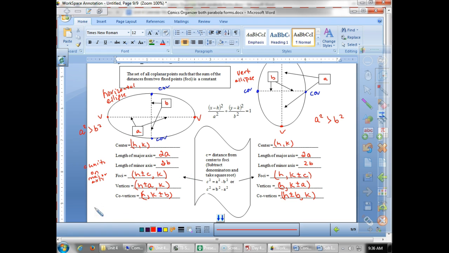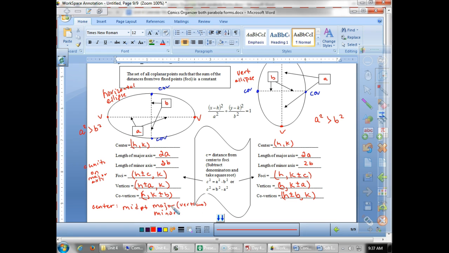And the major axis and minor axis are centered at the center, obviously. Okay? So the center can be found by looking at the midpoint of the major axis, the minor axis, or the midpoint between the vertices.